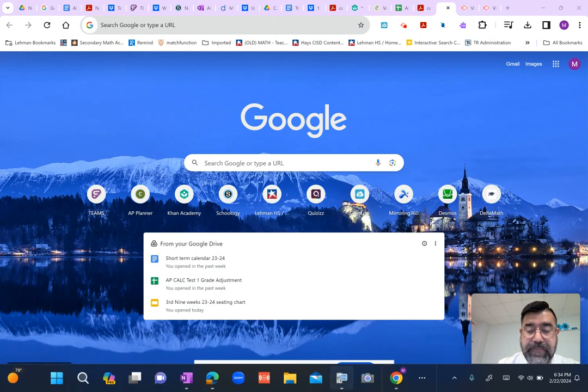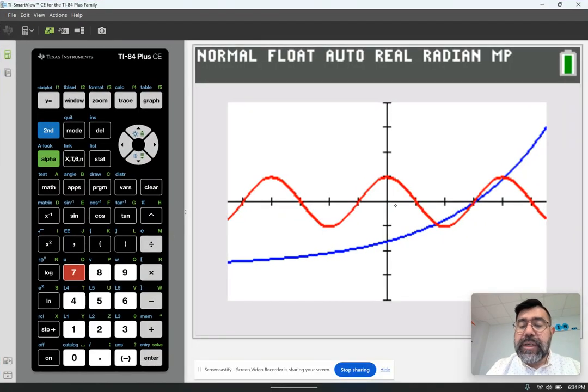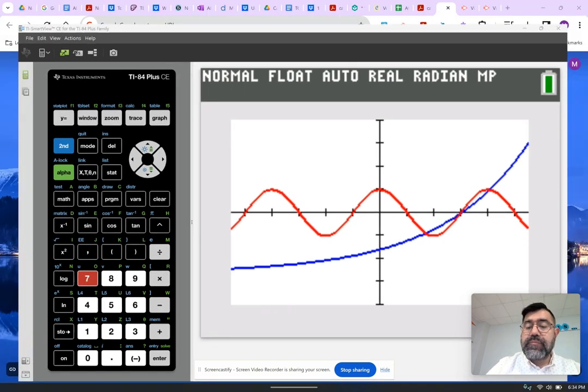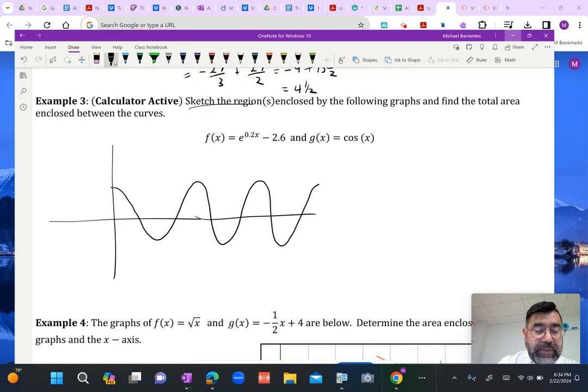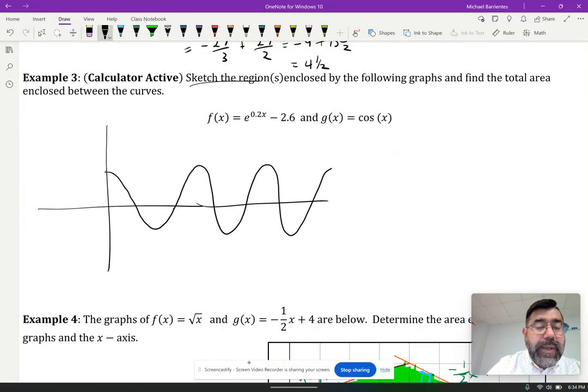Oh, no. So let's go back. So the curve goes something like this. And so we're really talking about this shaded region and this shaded region.